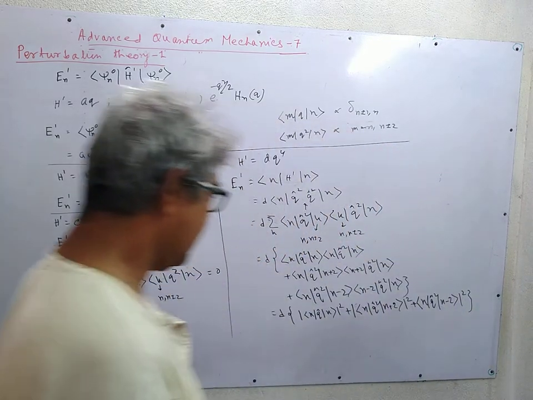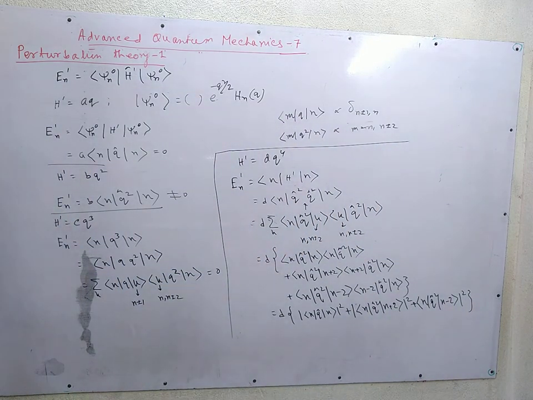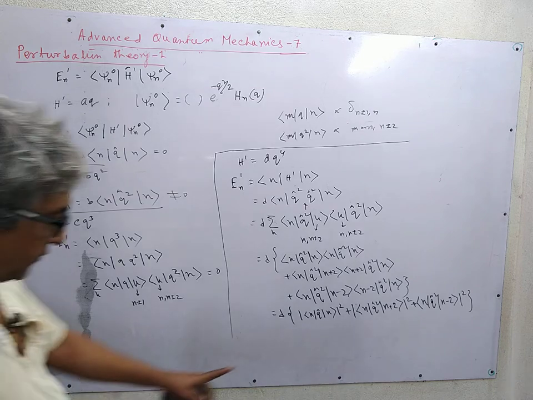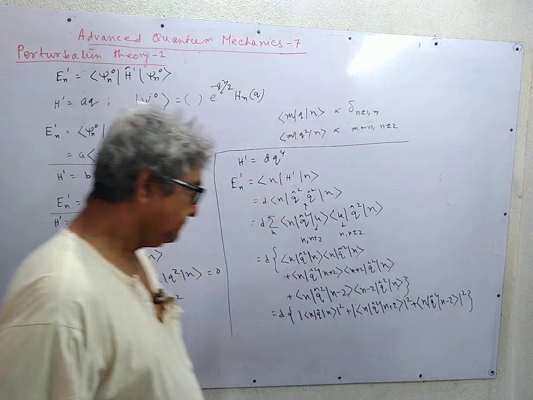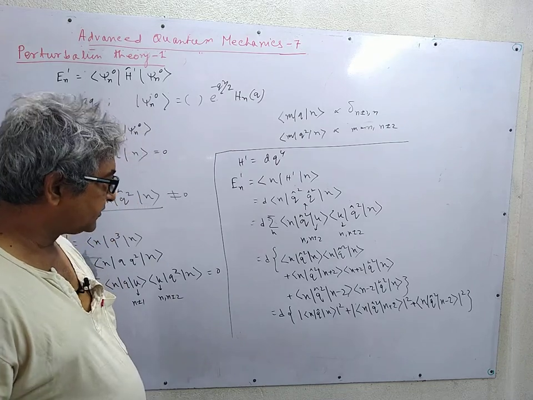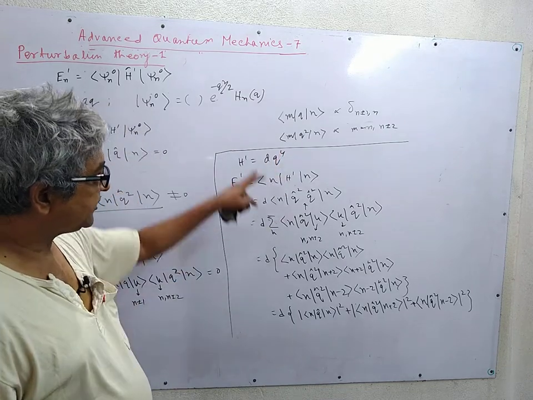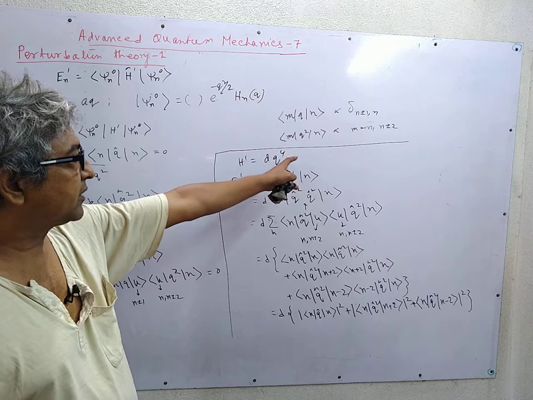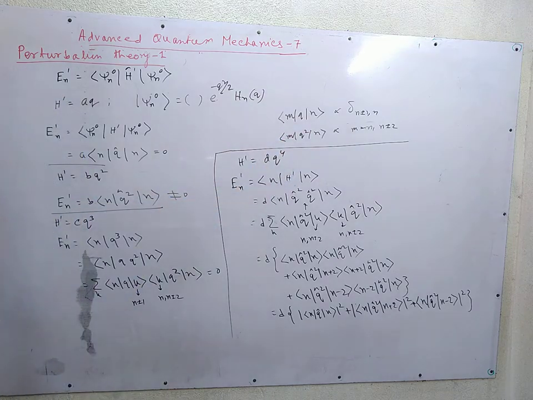These are the three terms, and from your knowledge of the harmonic oscillator, we could use the values of these matrix elements to find the correction when the perturbation Hamiltonian is this.